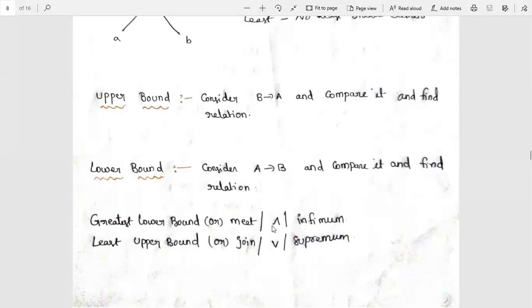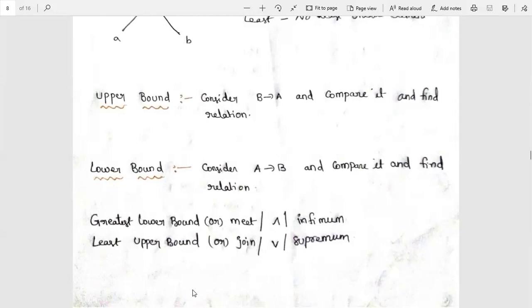LUB means least upper bound, and it is also known as join, supremum, and we denote it by the OR sign. OR is also considered like union, and AND is like intersection. So two elements meet at a point, and two elements join at a point.